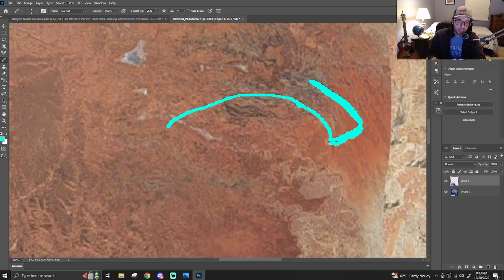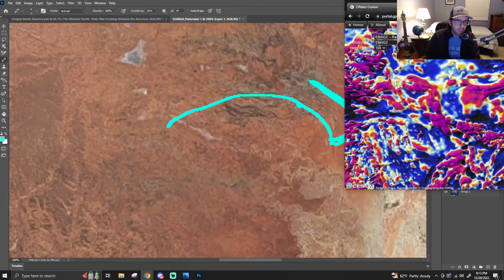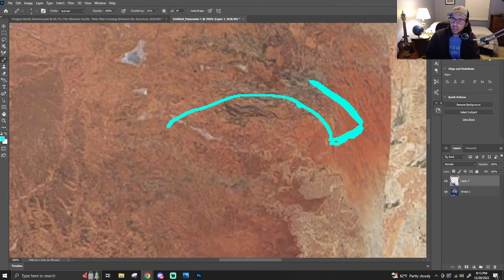Seems like it goes from here. It looks like it goes here. That might be the bottom. This is what it looks like. Let's see. Like it goes past it there.